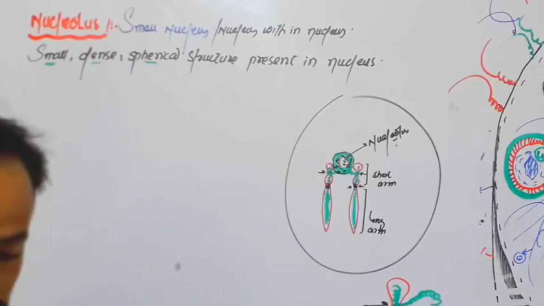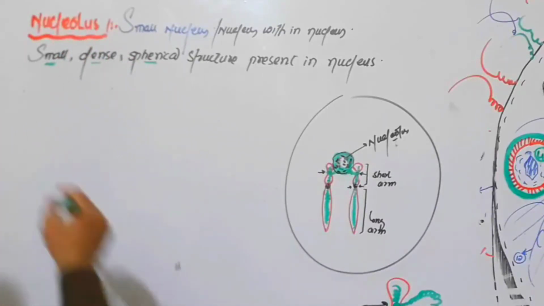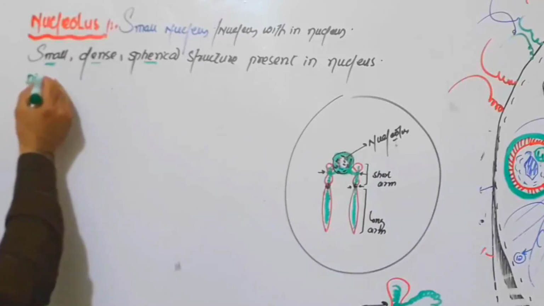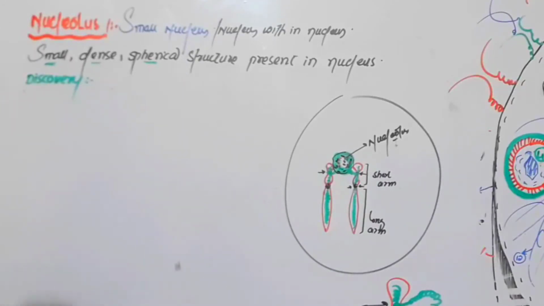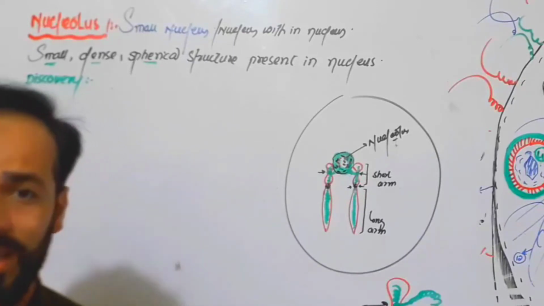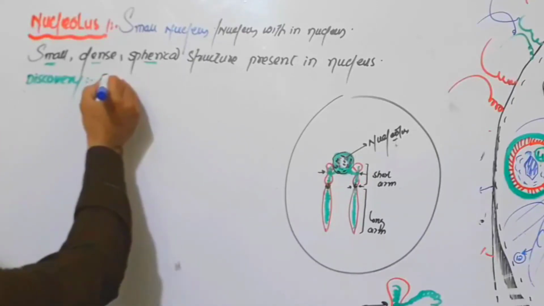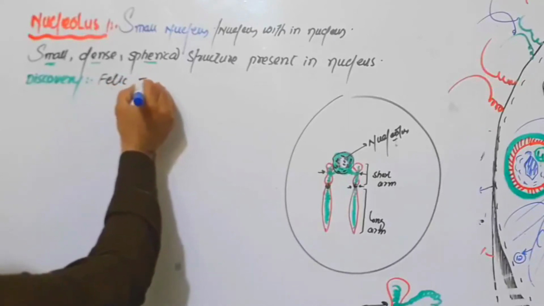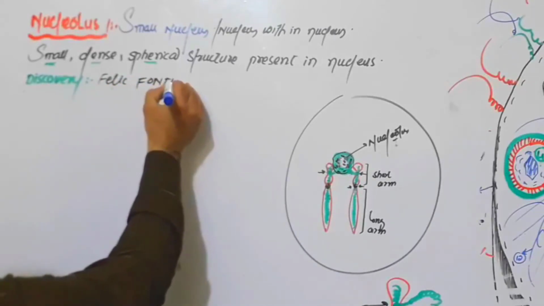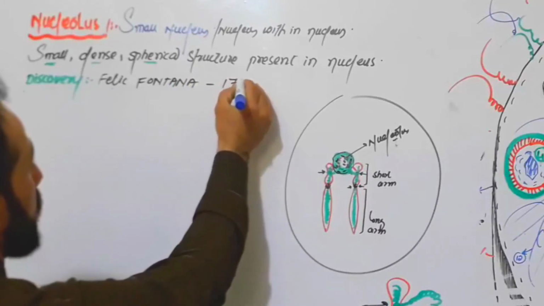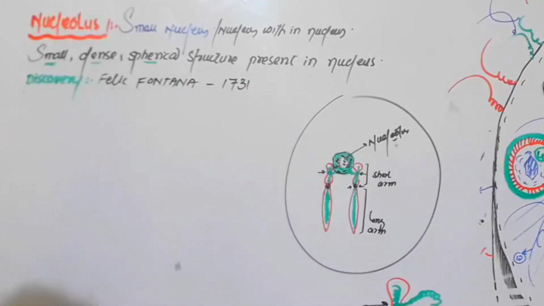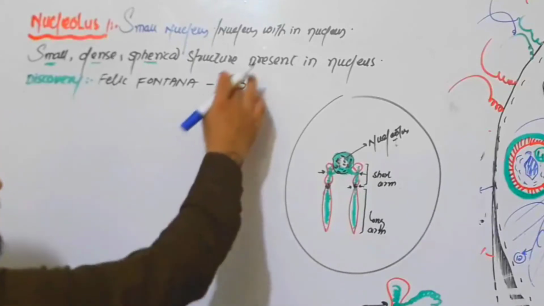Who discovered the nucleolus? There was a scientist whose name was Felix Fontana. It was discovered by Felix Fontana in 1781.